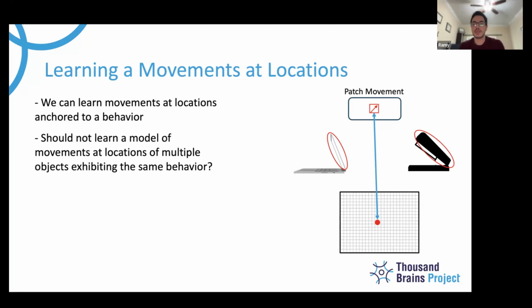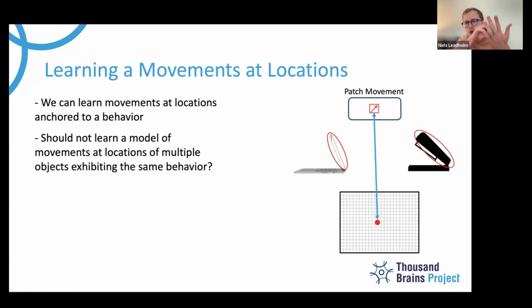By saying that, it also means the locations in the behavior reference frame are not necessarily physical 3D locations, because they need to be associated with different objects that have different morphologies in physical space. But aren't they still locally spatial?